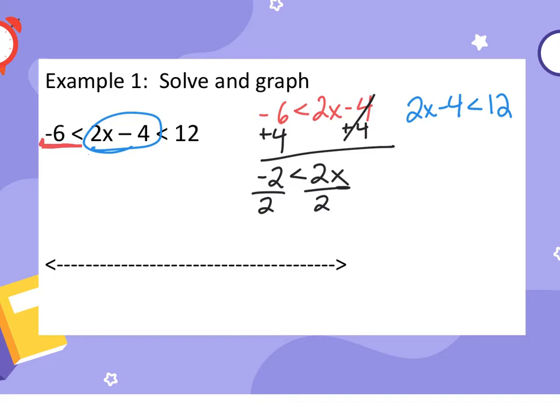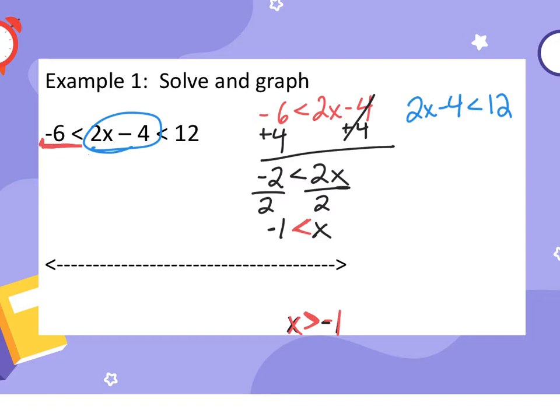It's a +2, so I don't have to flip the sign. -2 divided by 2 is just going to be a -1 is less than x. So there's my first answer. If I wanted to write it a better way, it's the same thing as x is greater than -1, because again, x is being eaten right here, and if I flip it, it's still being eaten, and it's still the same variable and the same number.